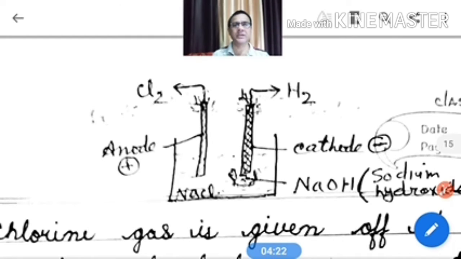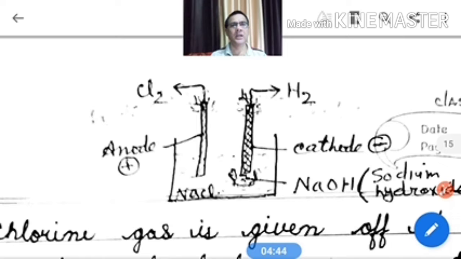When we pass the electric current in this cell, then the sodium chloride present with the water undergoes some chemical reactions, and finally hydrogen gas is liberated at the cathode, chlorine is liberated at the anode, and sodium hydroxide is formed near the cathode.